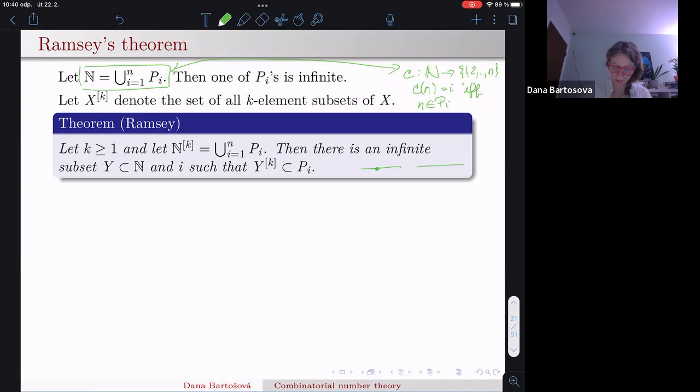Well, at least one of the P_i's is non-empty, so it's going to contain some pair. So, okay, I can get two things. Now, how do I get infinitely many? What if I have a third element? And then let's say that the first and the third are in this piece of the partition, but the second and the third are actually in this piece of the partition.